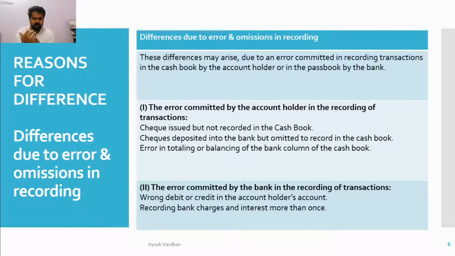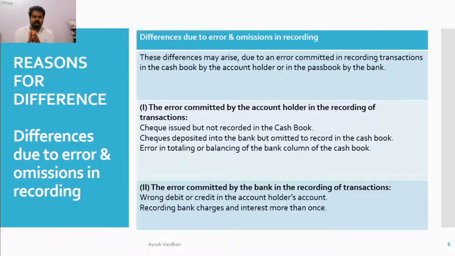What is the inflow of cash? What is the outflow of cash? You don't do the proper balancing, so you don't get the correct number. That could be another error. So you have to be very particular while totaling, and you have to cross check all the accounts multiple times.